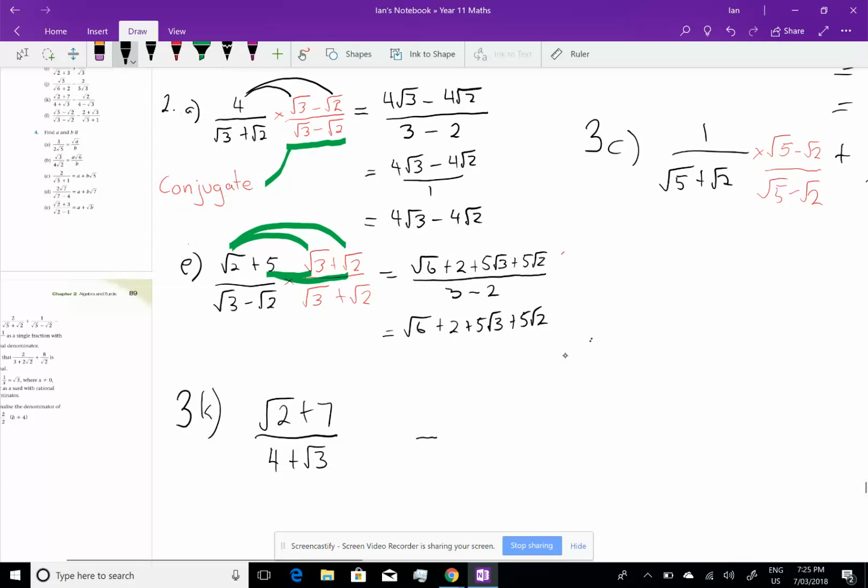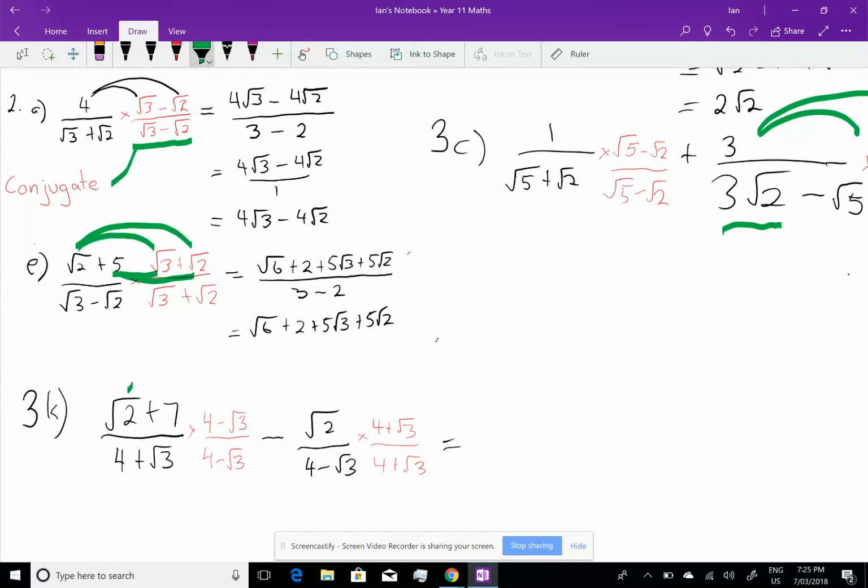Minus root 2 on 4 minus root 3. So I've got to multiply by the conjugate. Well, here the conjugate is 4 minus root 3 and 4 minus root 3. And here the conjugate is 4 plus root 3 on 4 plus root 3. Okay.